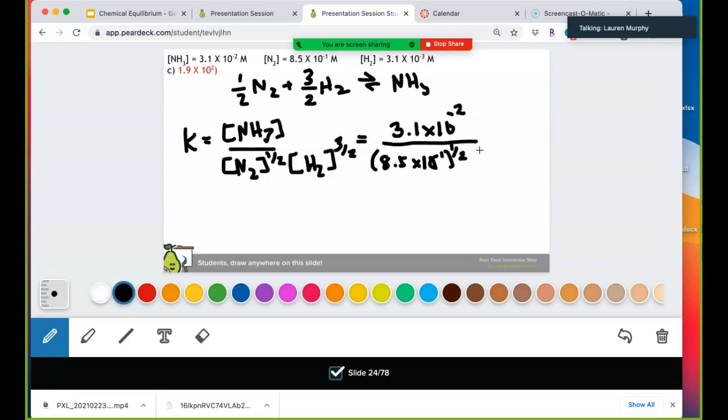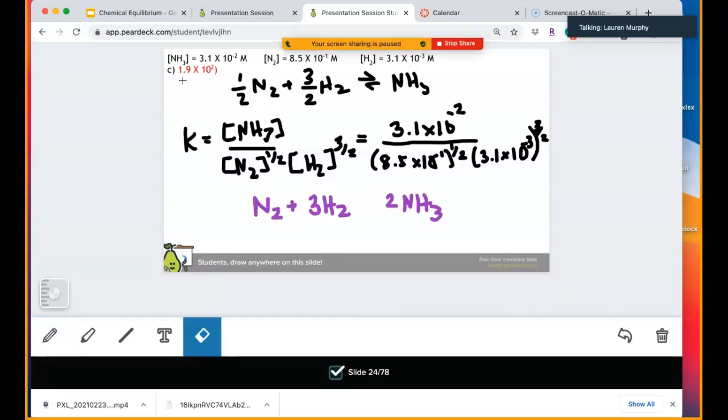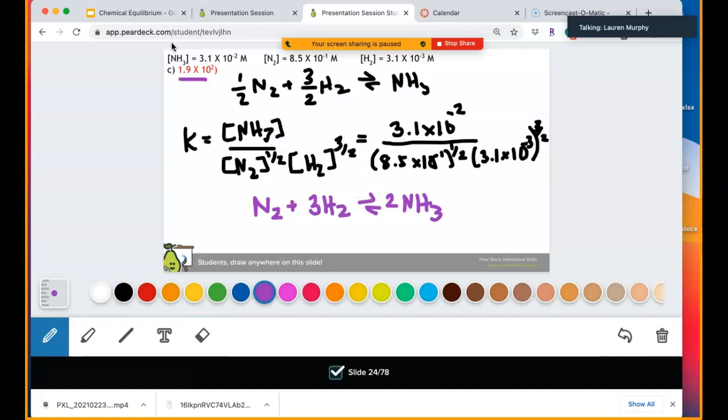And the hydrogen is 3.1 times 10 to the negative 3rd raised to the 3/2 power. Yuck. So I'll give you a few moments to try to get that in your calculator. So the number we should be getting is 1.9 times 10 to the 2nd power.